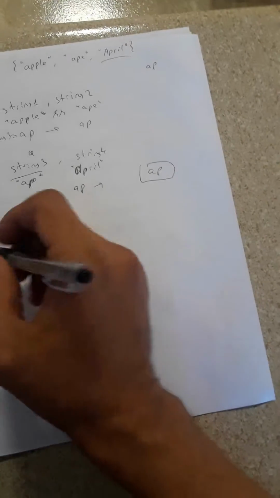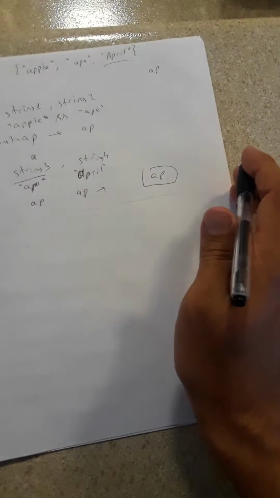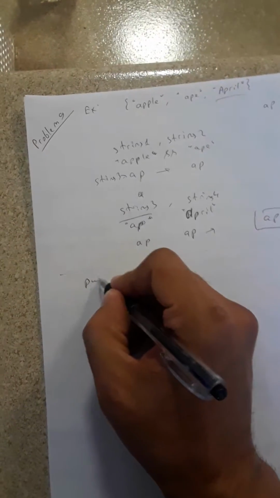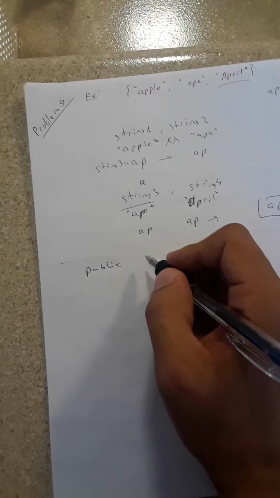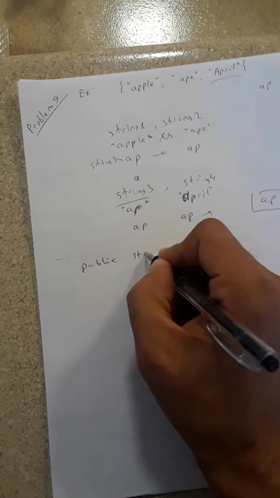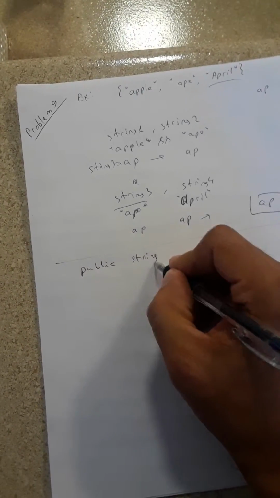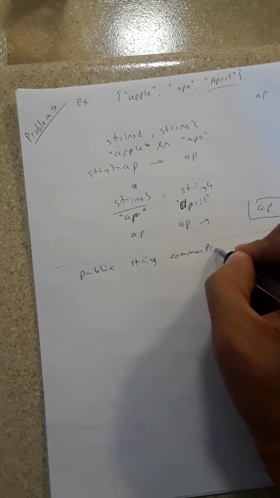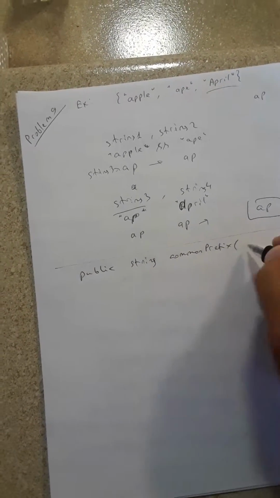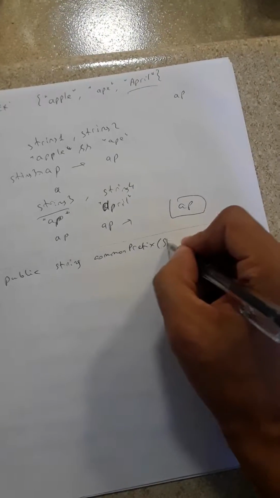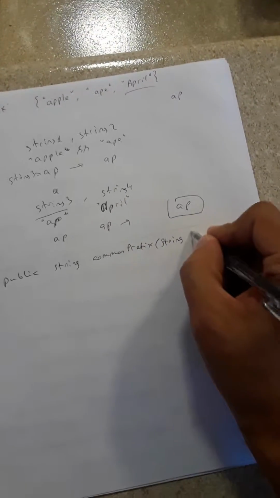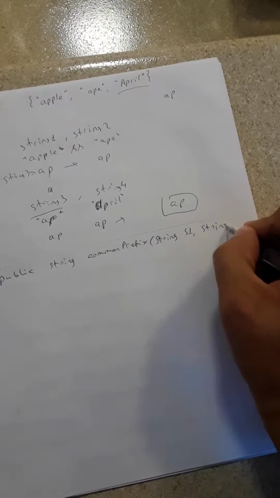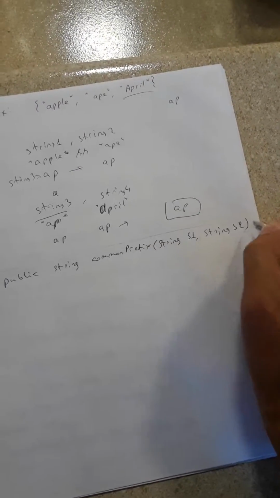So first of all, let's generate the helper function, which will take just two strings. The output will be a string, and I will call it common prefix, and the inputs will be string 1 and string 2.